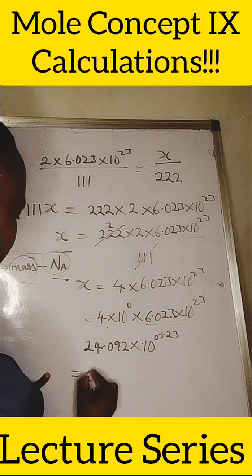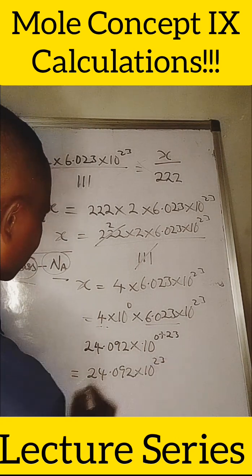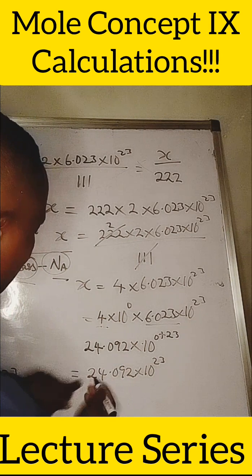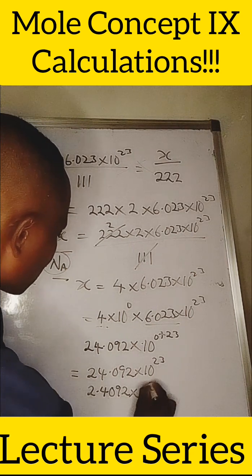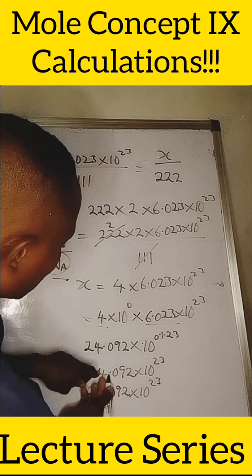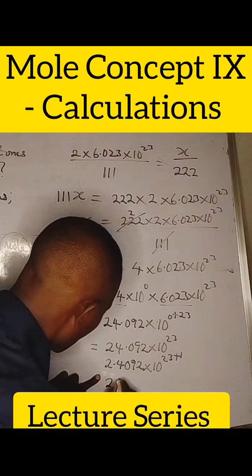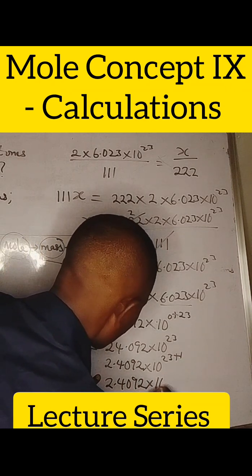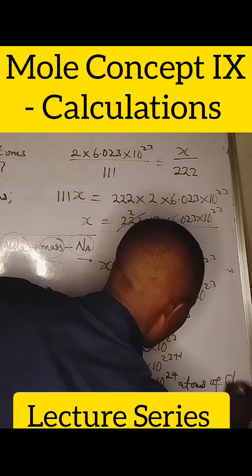What do we have? 24.092 times 10 raised to the power 23. You send to standard form by shifting the point to after the first number, and we have 2.4092 times 10 raised to the power 23. Because you shifted the point once to the left, you add 1 to the power. It will give us 2.4092 times 10 raised to the power 24 atoms of chlorine.